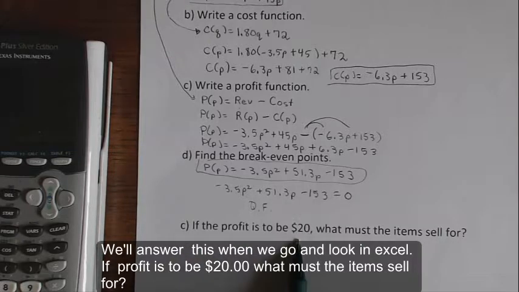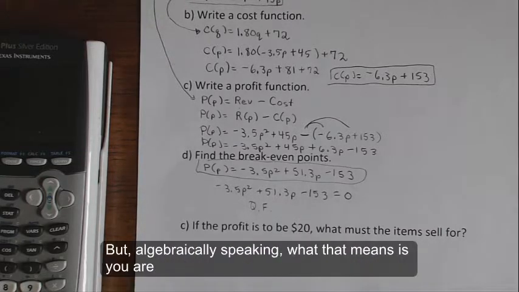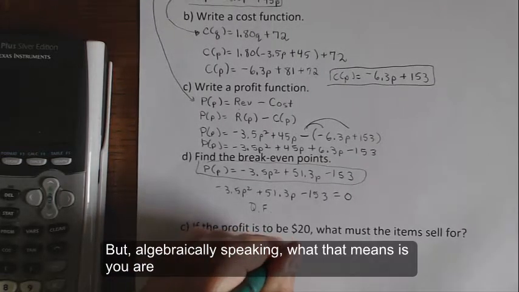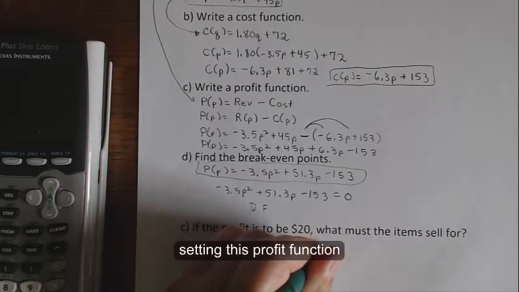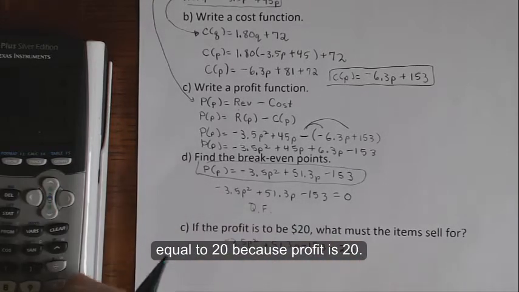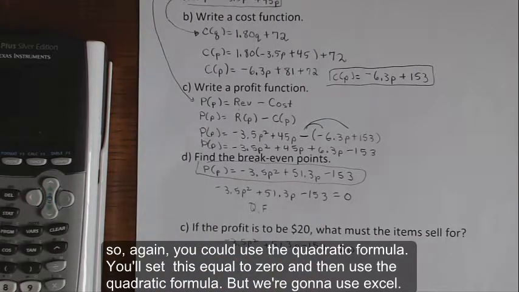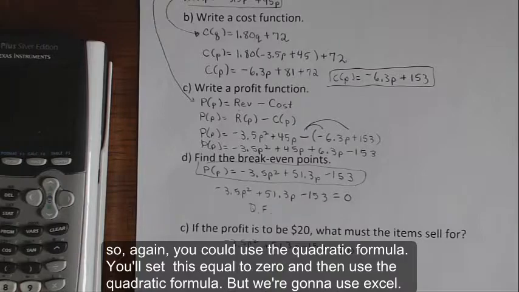If profit is to be $20, what must the item sell for? But algebraically speaking, what that means is you are setting this profit function equal to 20 because profit is 20. So again, you could use the quadratic formula, set this equal to 0, and then use the quadratic formula. But we're going to use Excel.